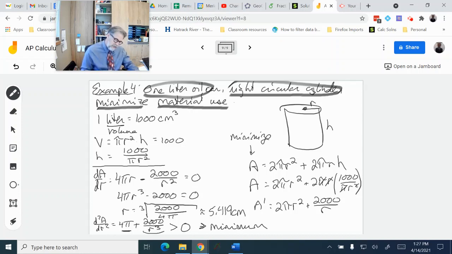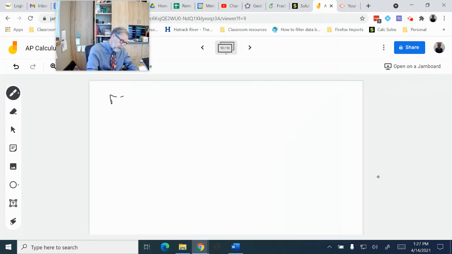value. So what have I got here? I have a radius of 5.419 centimeters. I'm doing a quick calculation of the height of my can by plugging that back into my equation for the height.